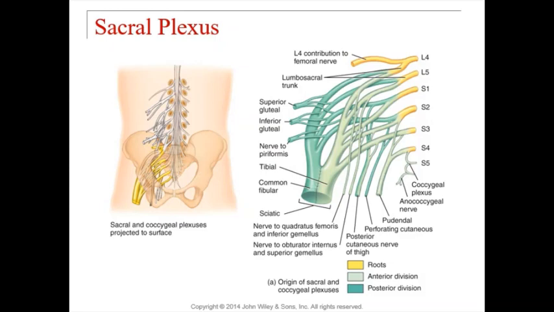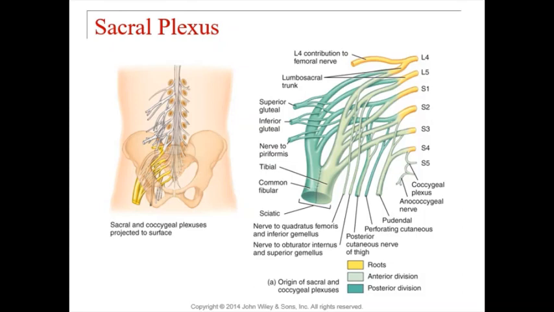It's basically doing for the posterior thigh what the femoral nerve did for the anterior thigh. Your sciatic nerve provides motor and sensory function for the posterior thigh and even the leg. That's the sciatic nerve.